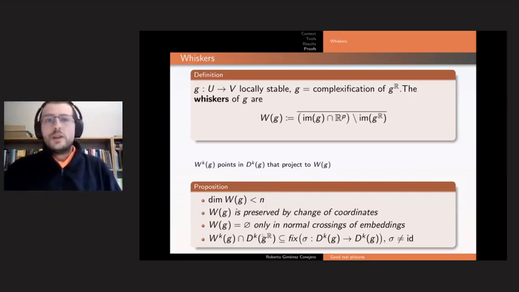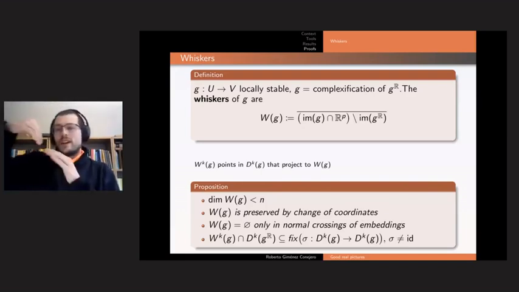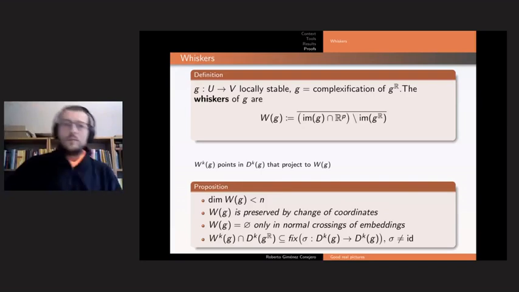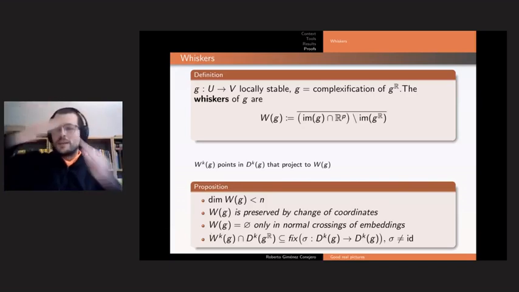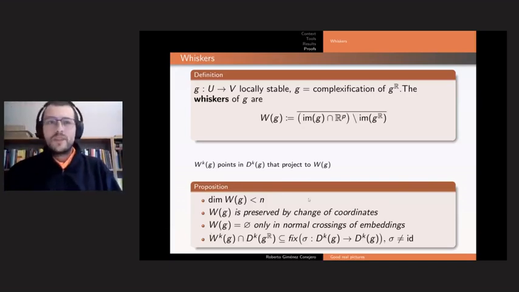So this intersection is going to be fixed by some permutation that is not the identity. And this is absolutely key to everything that we do. With this kind of idea, we are able to split the real multiple points from the multiple points of the whiskers, because you find them in some fixed points by some permutation.